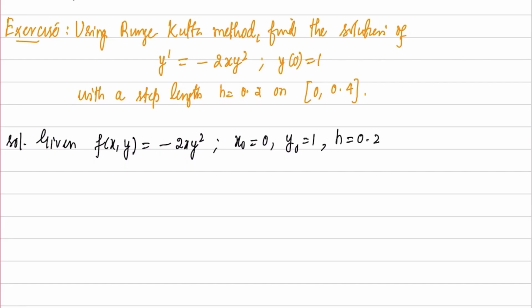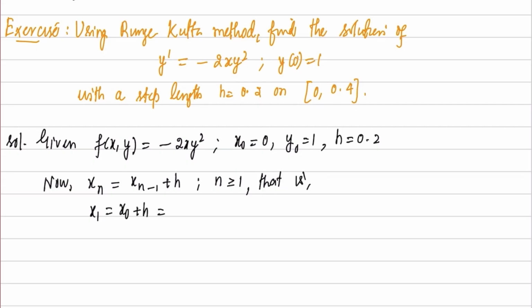Now let's first compute the values of x1, x2, x3. As also used earlier in Euler's methods, we define xn as x_{n-1} plus h, where n is greater than or equal to 1. So x1 is equal to x0 plus h, but x0 is equal to 0 and h is equal to 0.2, so x1 is equal to 0.2.